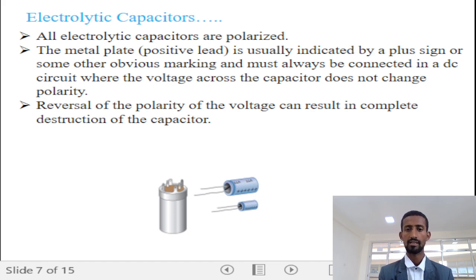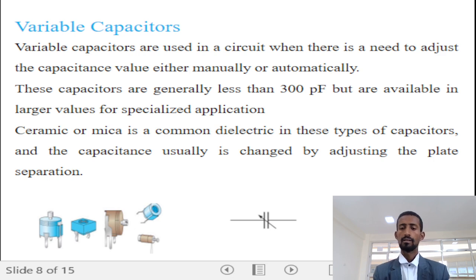The rectifier will rectify the AC into DC. A reversal of the polarity of the voltage can result in a complete destruction of the capacitor. The capacitor will be damaged if we reverse the polarity.